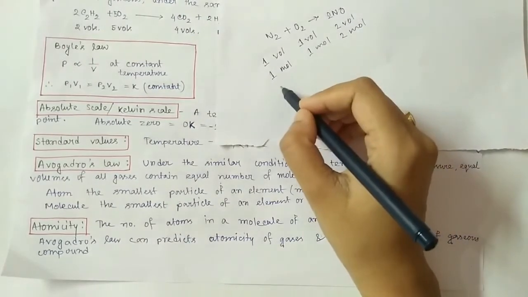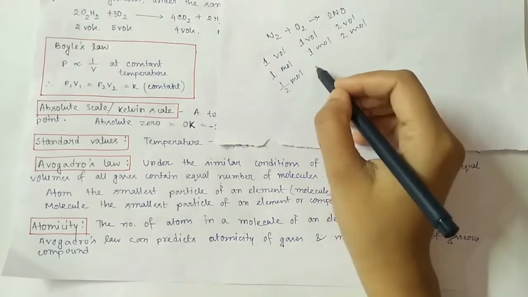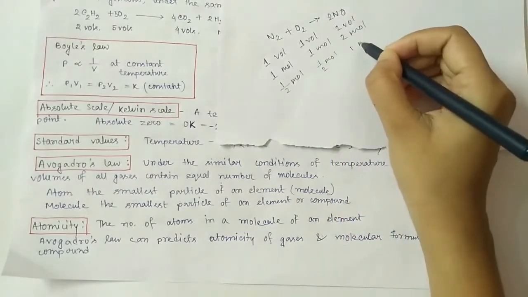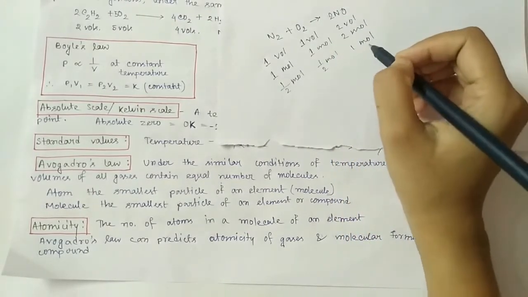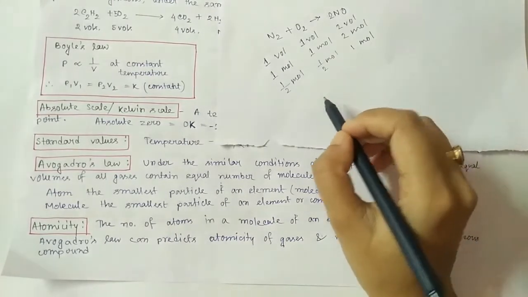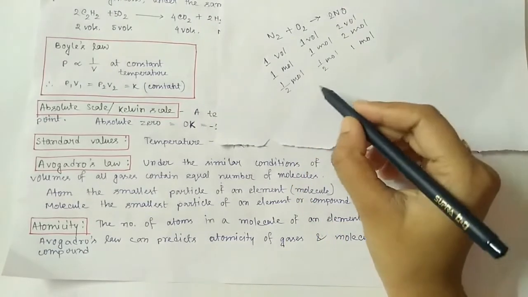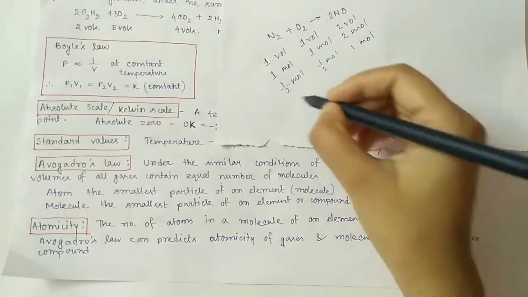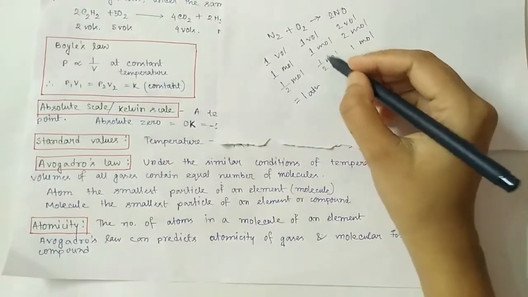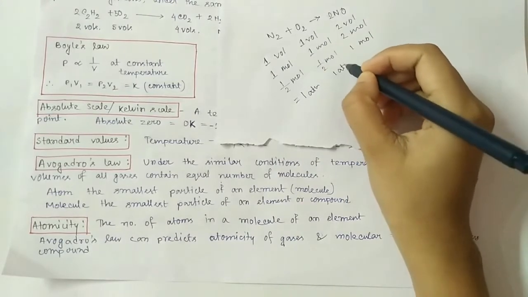So again we can say that half a molecule of nitrogen gas combines with half a molecule of oxygen gas to produce one molecule of nitric oxide. As a molecule can be divided into atoms, but an atom is indivisible, half a molecule is equal to one atom of nitrogen, and half a molecule of O2 means one atom of oxygen.